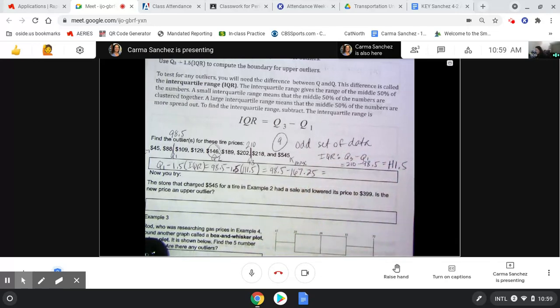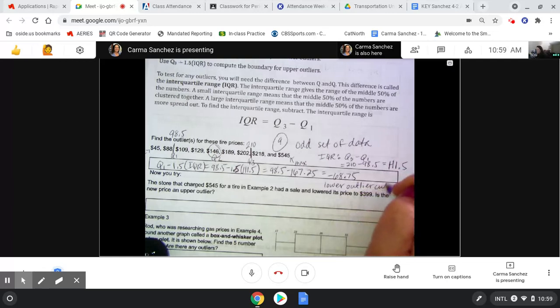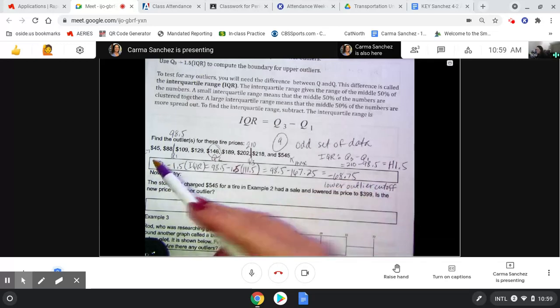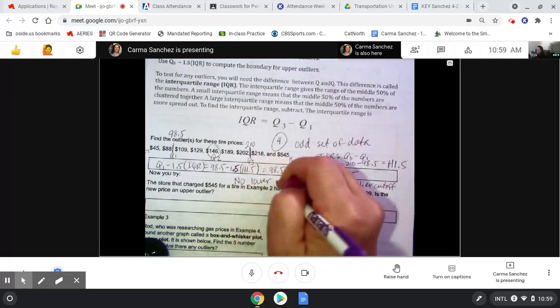And remember how some of these come out negative? We're going to get negative 68.75 as the lower outlier cutoff. So looking at my data, do I have any pieces of data below that? Nope, 45 is the lowest. So I'm going to say no lower outliers.